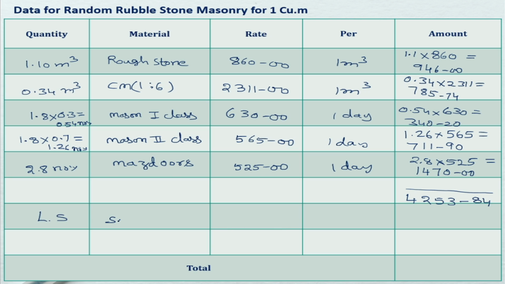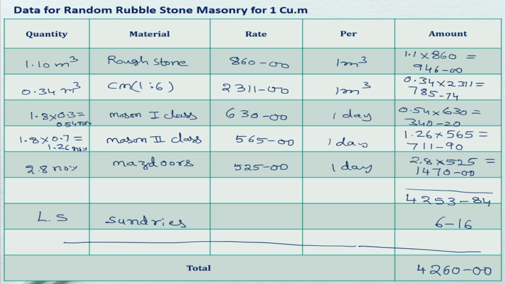Add sundries, 6 rupees 16 paisa. Total cost of random rubble stone masonry is equal to 4260 rupees per cubic meter.